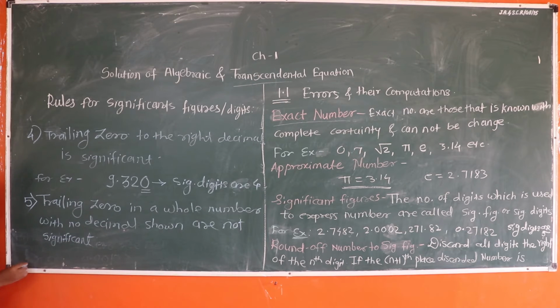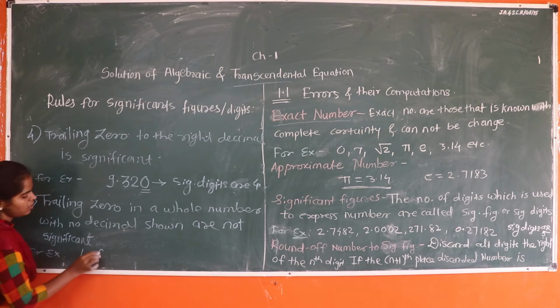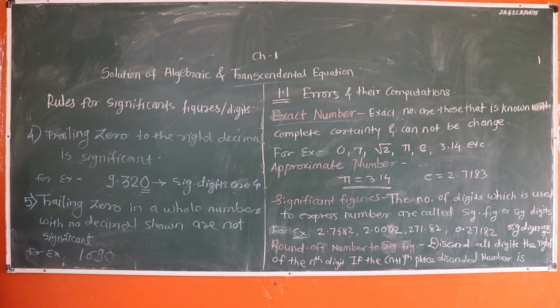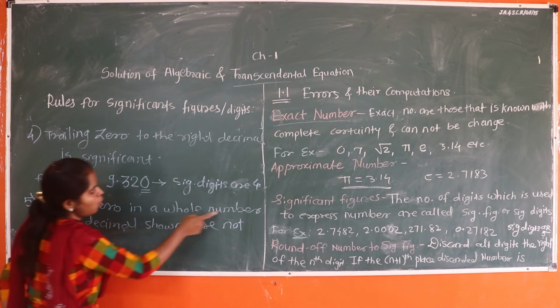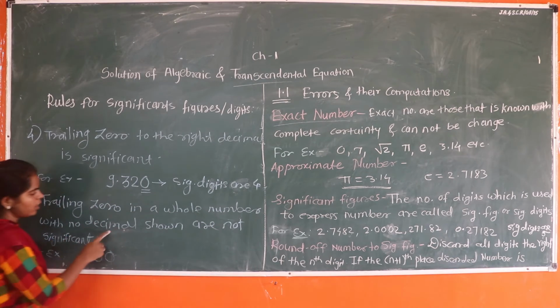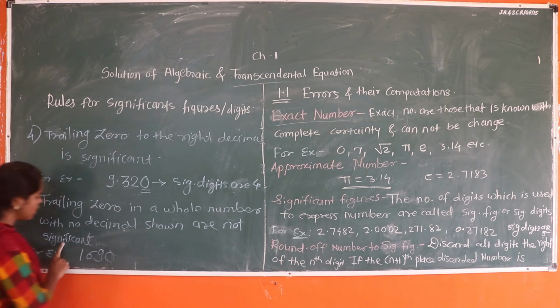For example, the number 1690. Trailing zero in a whole number with no decimal shown is not significant.